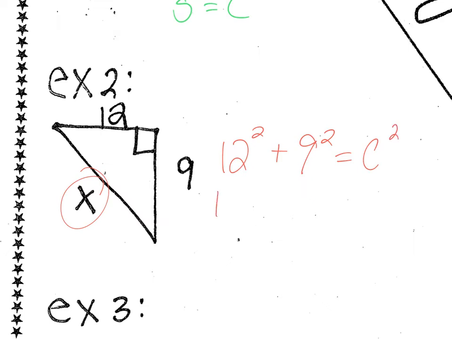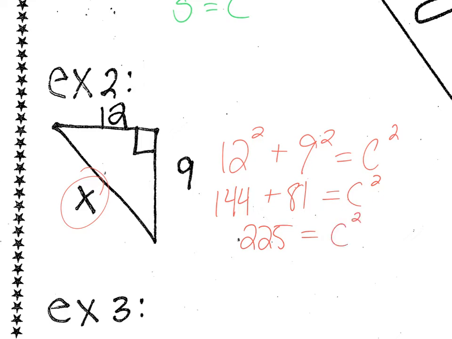12 squared is 144 plus 9 squared. 9 squared is 81, and that's equal to c squared. Then I can add those up in my calculator, and that's going to give me 225 is equal to c squared.